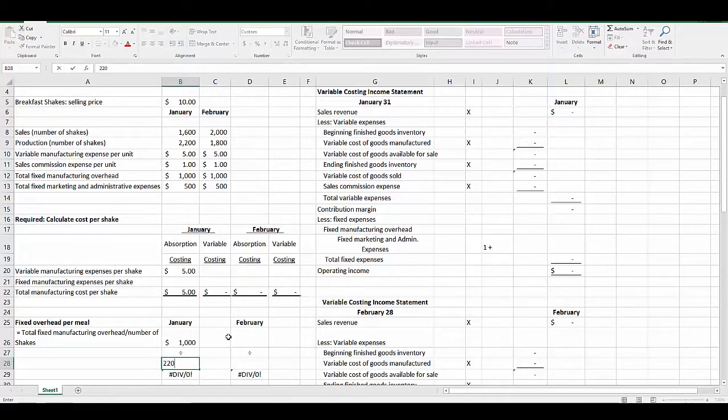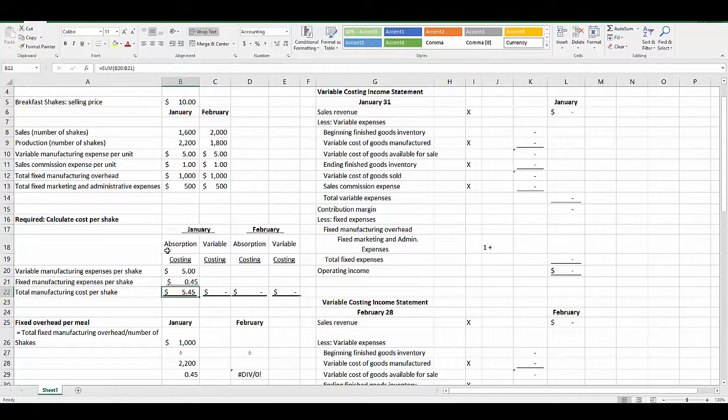That's 2,200, because your overhead relates to production, not to sales. So $1,000 in fixed costs divided by the number of shakes produced will give you 45 cents per shake. So we'll just insert that. The absorption cost for each shake for the month of January is $5.45.